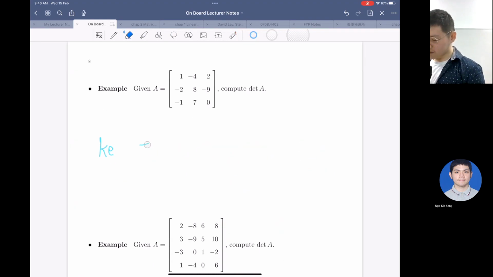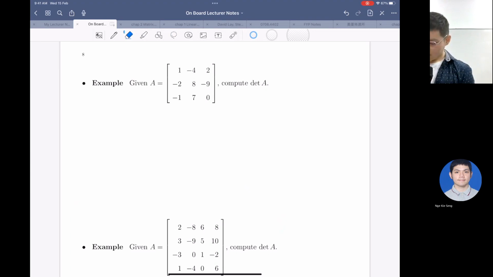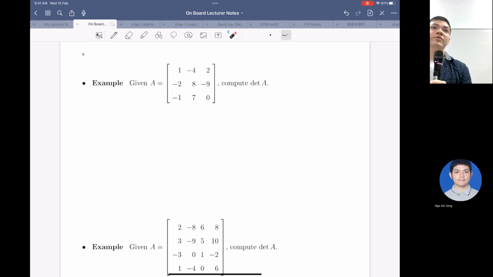So let's try to use this technique and compute the determinant of A. So far, how many ways have we gone through?